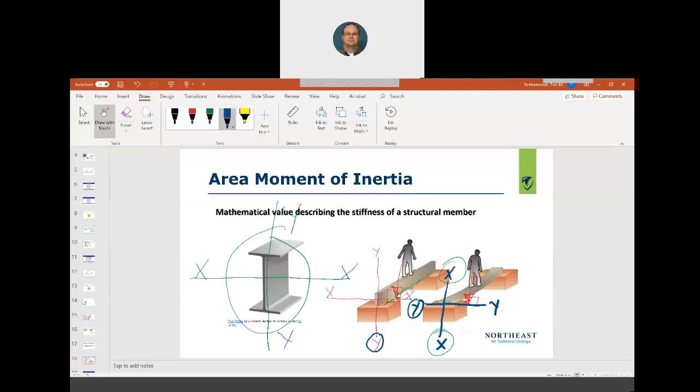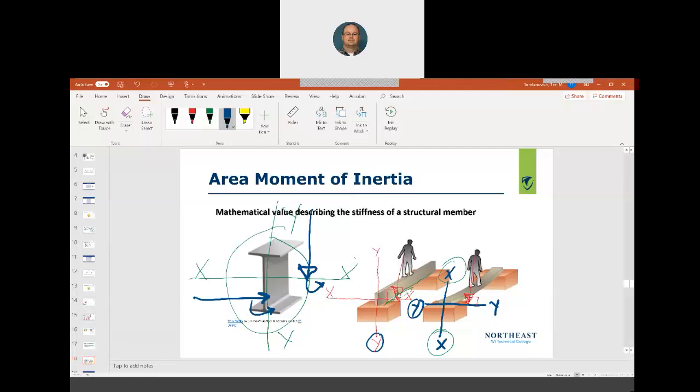If I put a load anywhere, rotating it around the x-axis or loading it this way, rotating it around the y-axis, most likely it's going to be stiffer around the x-axis. So this is why we need to find the centroidal axis. Literally it's a mathematical number and it's inches to the fourth. That doesn't mean we're in four dimensions. So that's what the area moment of inertia is.